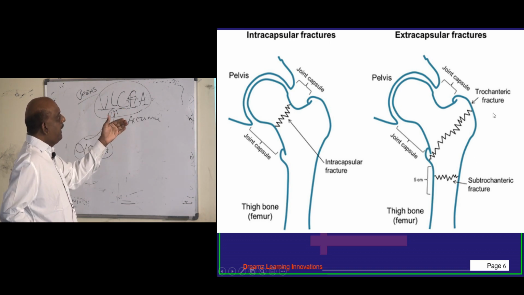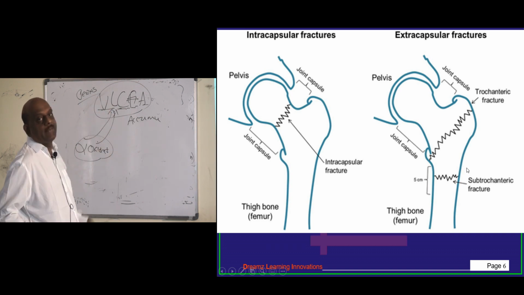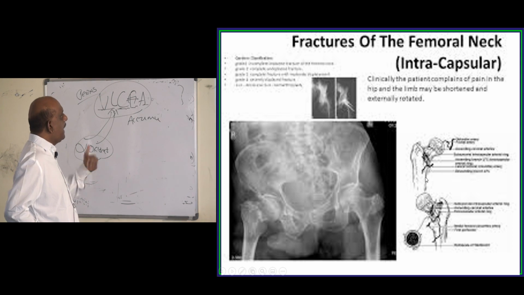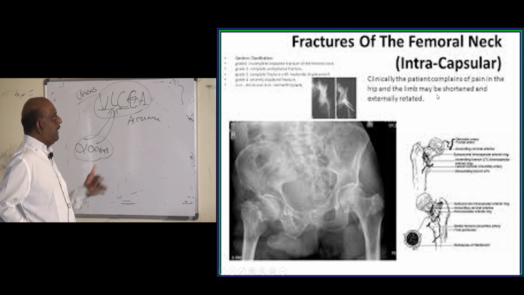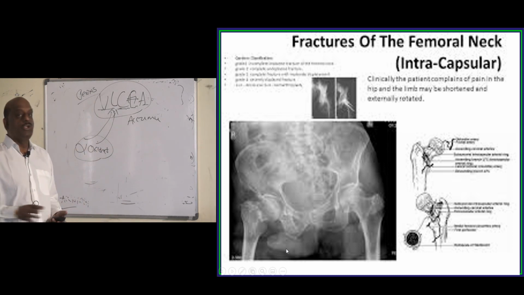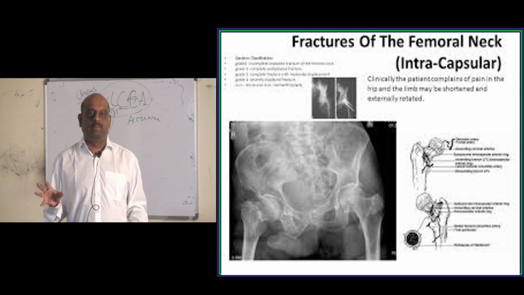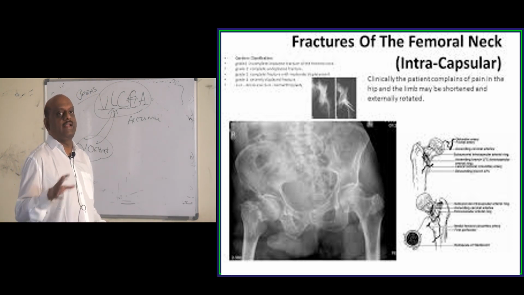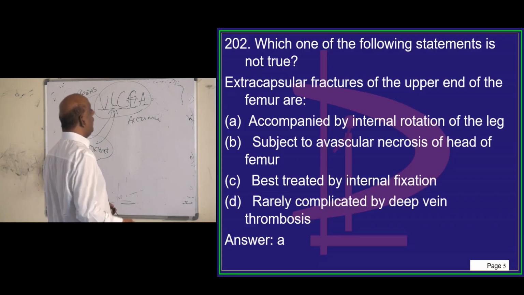Outside that you have a trochanteric fracture and a subtrochanteric fracture which are outside the capsule, which are called extracapsular fundamentally. So the intracapsular fracture is associated with shortening and externally rotated limb. That is a very characteristic feature with regard to the intracapsular fractures.